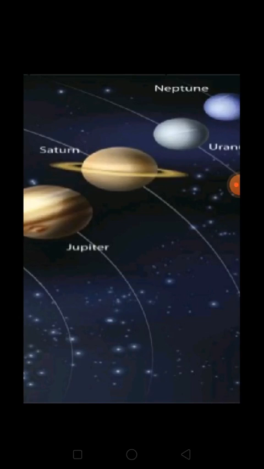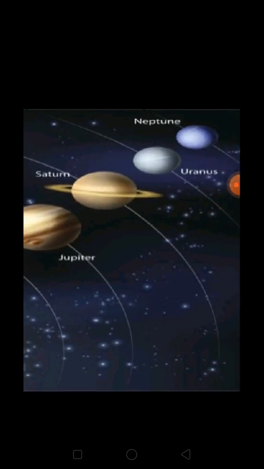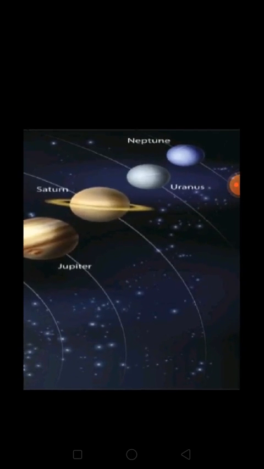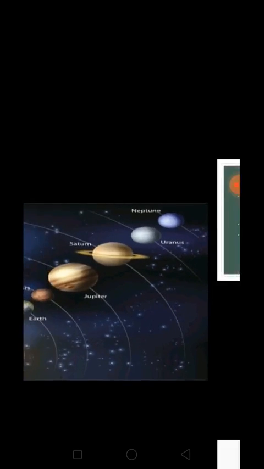The size of the orbits of Jupiter, Saturn, Uranus, and Neptune is so large compared to the orbits of the first 4 planets that the correct size of the solar system cannot be shown on a sheet of paper. This is just a picture or diagram showing the arrangement of the members of the solar system.